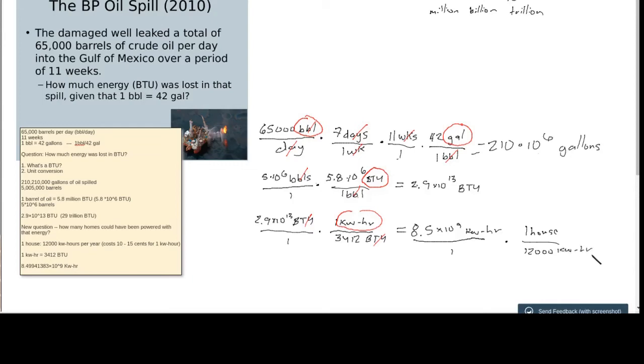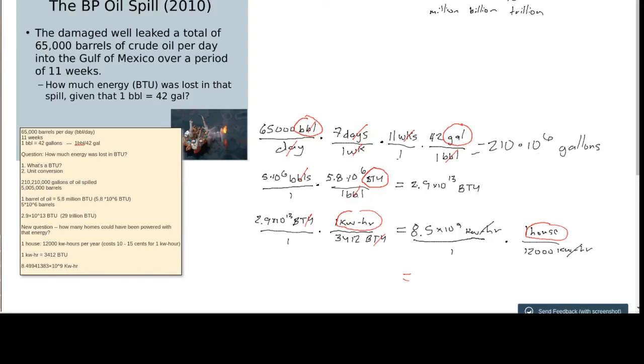And then cancel out my units again. Kilowatt hours, kilowatt hours. And the unit that's left is going to be the number of houses that this would power. And that'll be my final answer for this little video. So 8.5 times 10 to the 9 divided by 12,000.